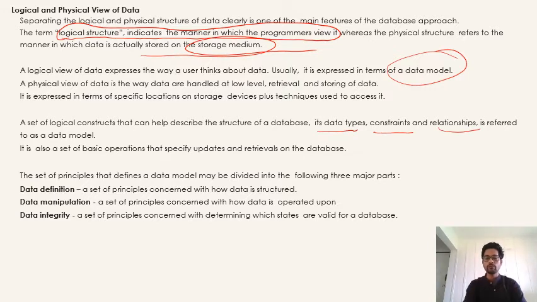If you have two records, one containing information about employee and another containing information about department, how you are going to put a relationship between them. That is referred to as a data model. So a data model is nothing but a pictorial representation of how you are going to put a relationship between the different constructs or different systems together.